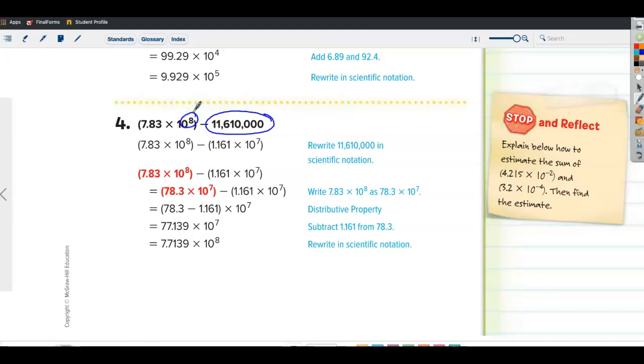So I could either move it 7 and then end up moving it again, or I could just make it match my exponent. So how many times, Tristan, do you want me to move the decimal in this number? 8. Okay, so if I move it 8 times, I get 1, 2, 3, 4, 5, 6, 7, 8.